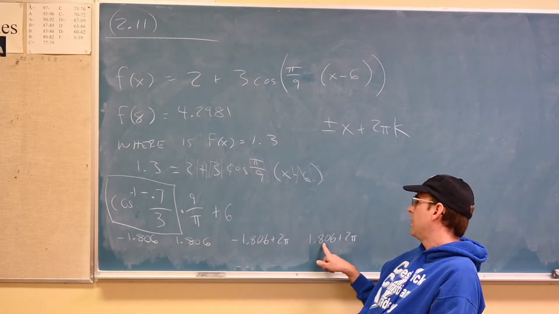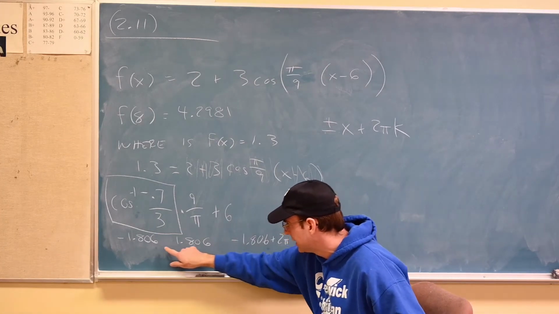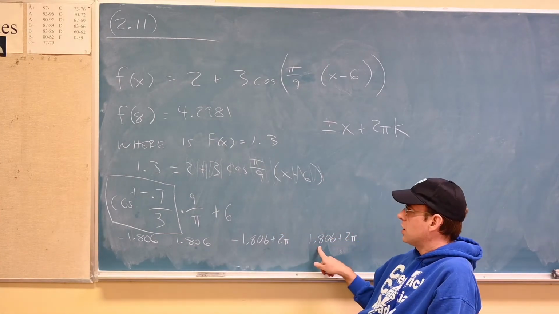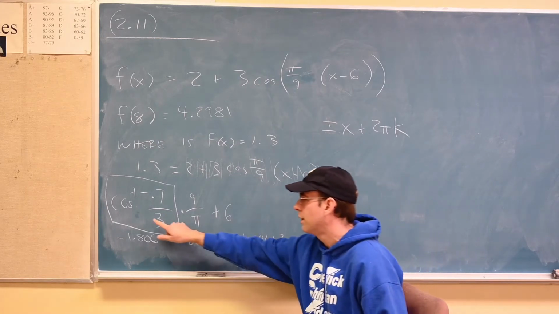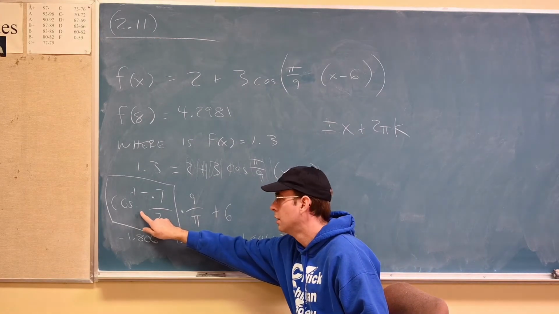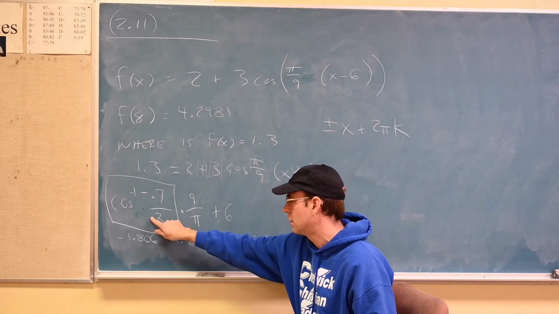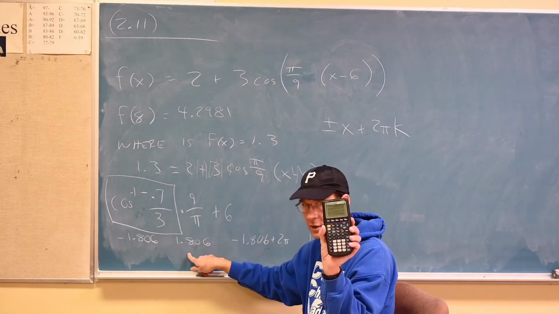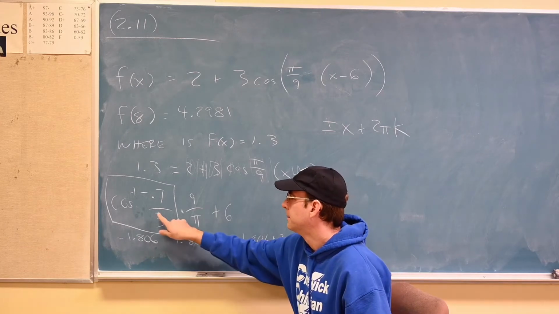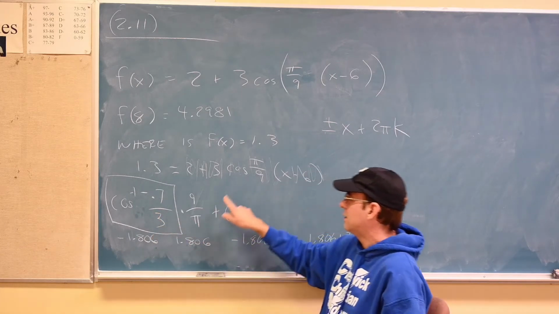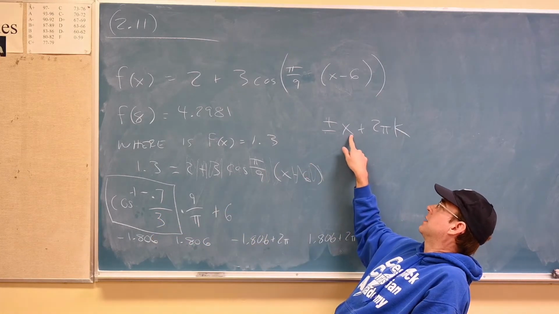Okay, so all of these numbers in this list are all possible values that could fill this box with truth. The calculator has told us this is a true answer. 1.806, calculator says, is a win. But our knowledge from yesterday tells us it's not just about that one answer.